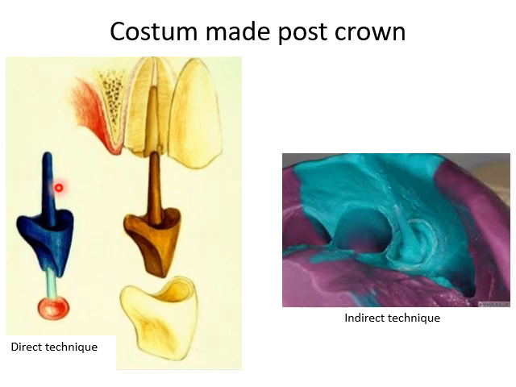This wax or resin pattern will undergo investing and casting procedures to end with the metallic post and core. The indirect technique is achieved with the aid of a plastic post and an impression material, silicone impression material.